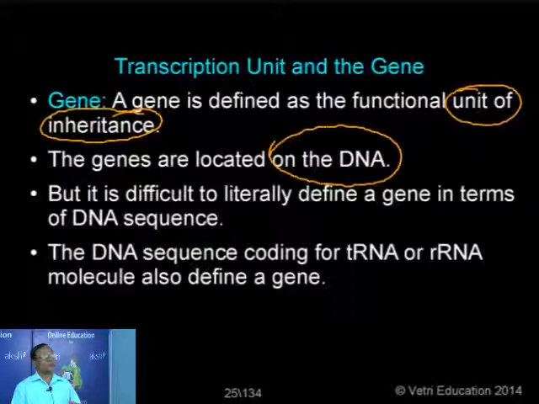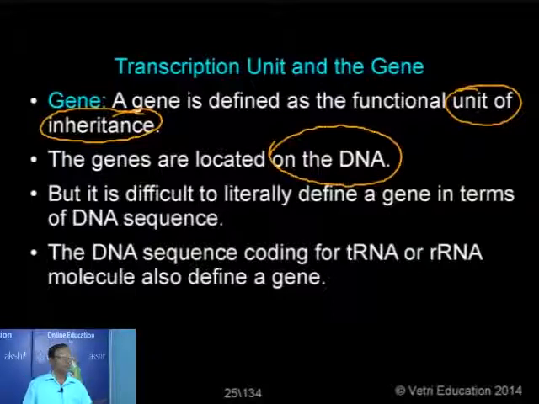anything which is responsible for the expression of a particular phenotype is considered as a gene. For example, the DNA sequence which is coding for the synthesis of tRNA or rRNA molecules is also defining the gene. So the sequence of DNA responsible for the expression of any character, any phenotype.